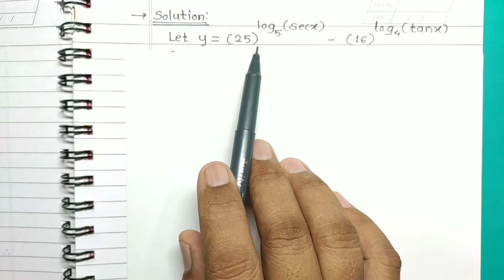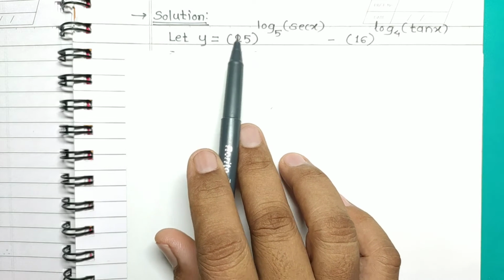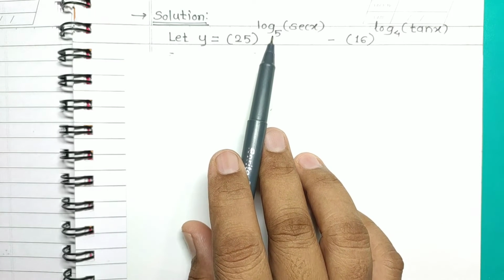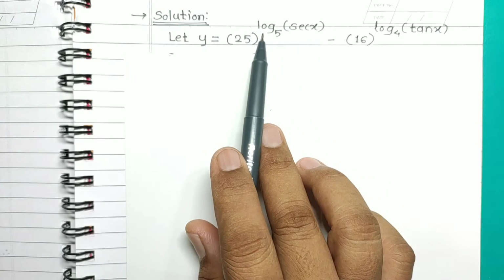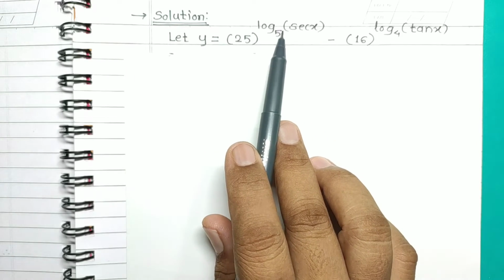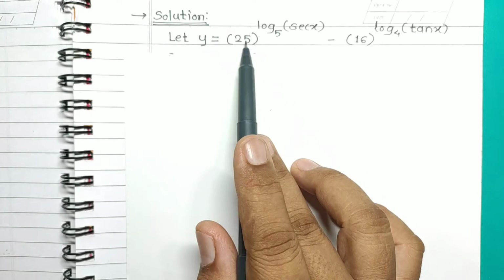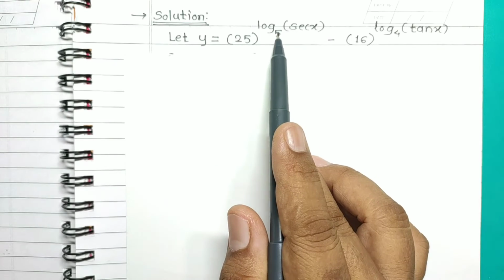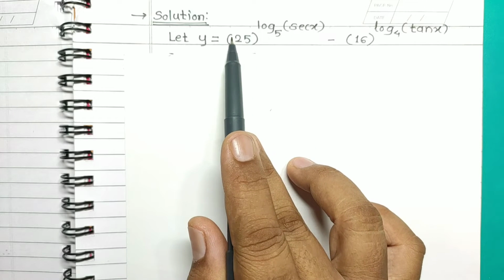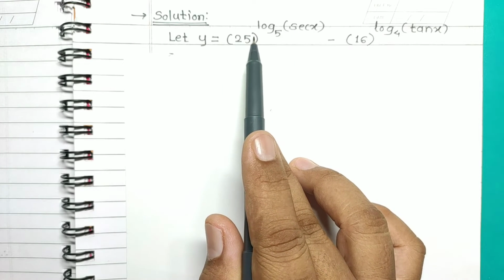See here, we find the base is 25 and at the exponent there is a logarithmic term for which the base is 5. So here we observe this connection. See, base is 5 here and here base is 25.